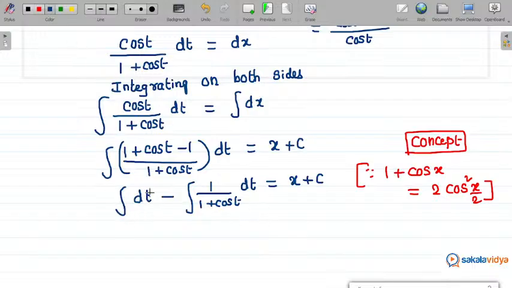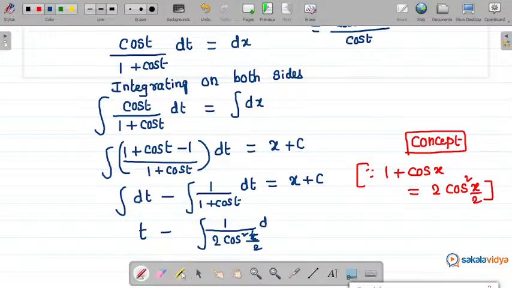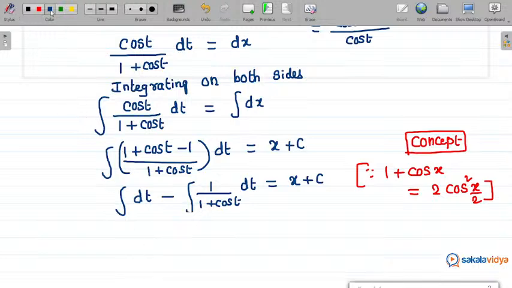So we can write integral of dt is t, minus integral of 1 upon 2 cos square t by 2 dt, equal to x plus c.